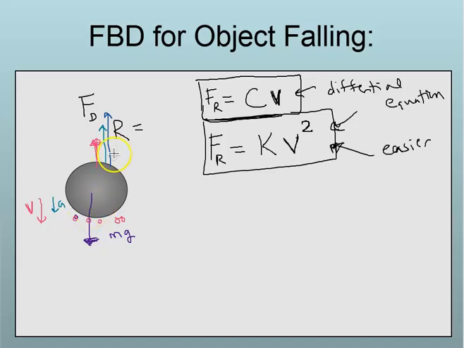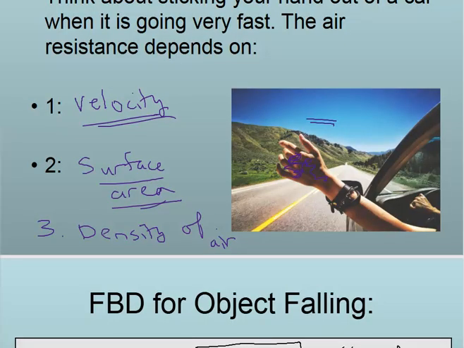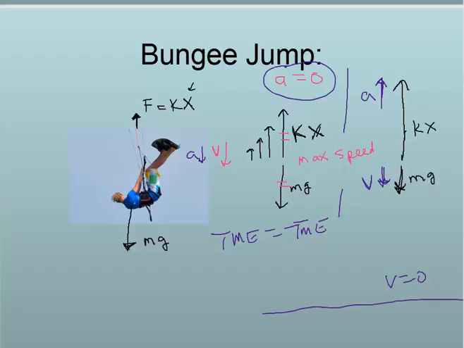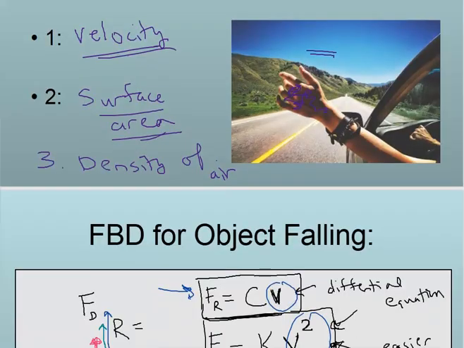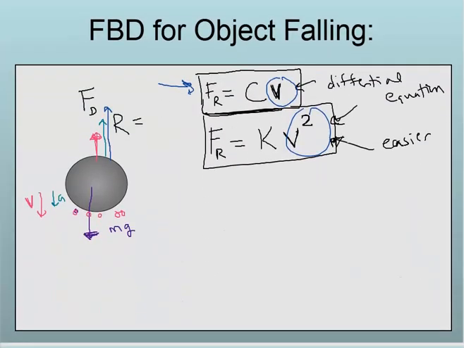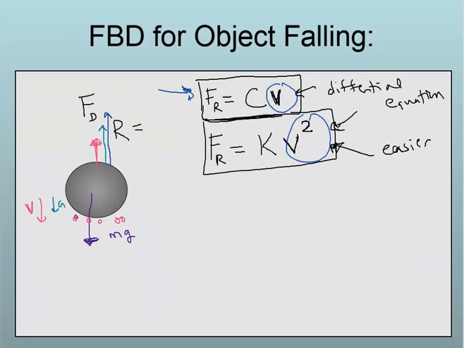So the air resistance increases like the bungee jumper, but it increases because it's a function of how fast you're going, not how much the bungee is stretched. Okay, so for the bungee jumper, the bungee kept stretching, right? And k delta x kept getting bigger. That's the main difference.